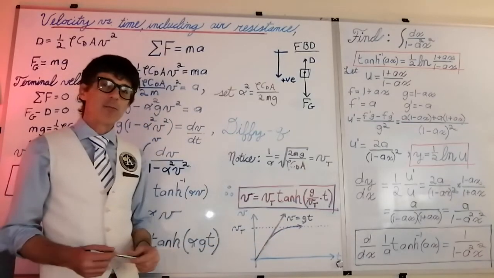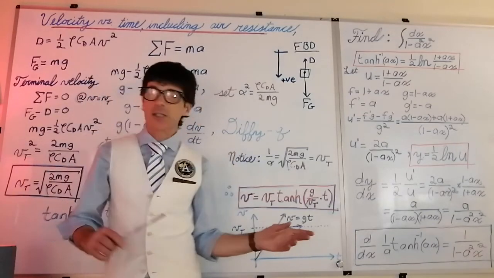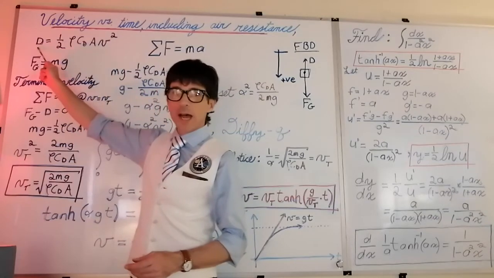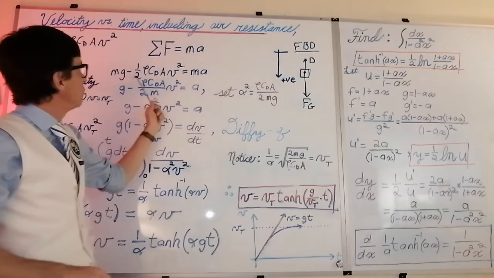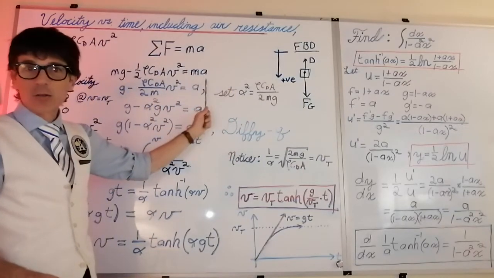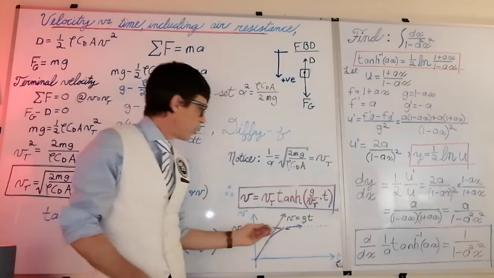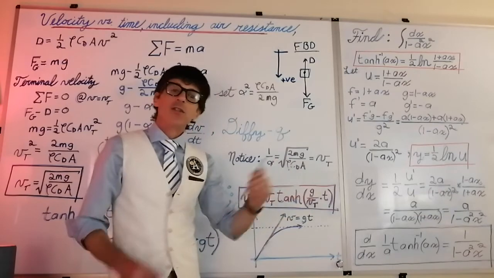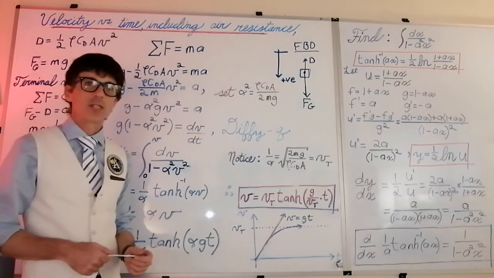Slope on a speed-time graph is acceleration. As the speed is increasing, the v squared generates more drag, which changes the force equation, which reduces the acceleration. And as the acceleration equals 0, the speed asymptotes to the terminal velocity.